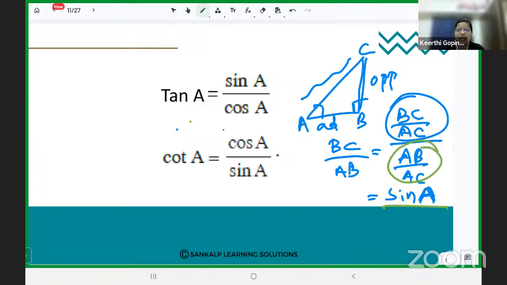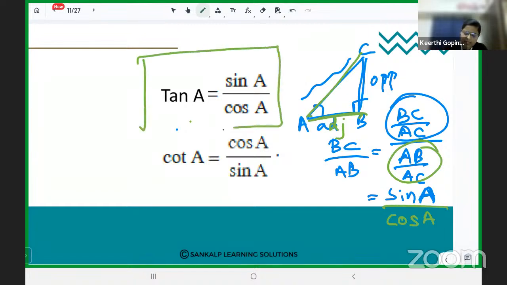What is AB by AC? AB is the adjacent side and AC is the hypotenuse. So adjacent by hypotenuse is nothing but cos A. So sin A by cos A. So we can define tan A as nothing but sin A by cos A. And we know that cot A is a reciprocal of tan.